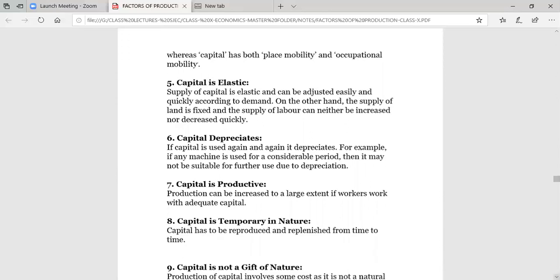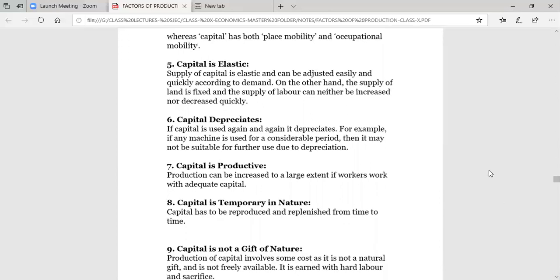Capital is elastic. The supply of capital is elastic and can be adjusted easily and quickly according to demand. Suppose I'm giving an example, you are producing something in the factory. Now you want to increase the production. What do you require?